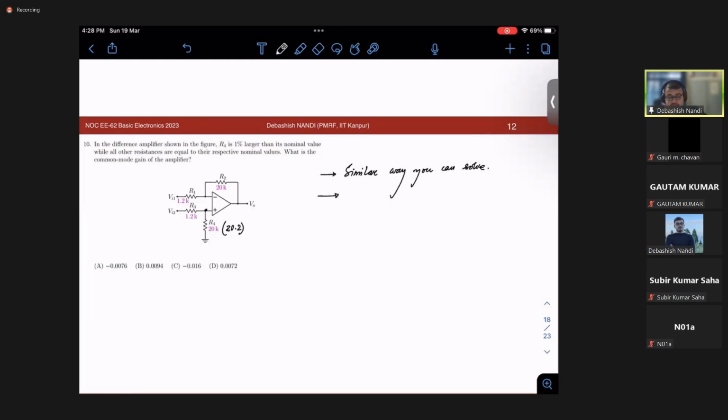So your alpha C will come out to be 0.0094. Okay, so this is do it yourself.